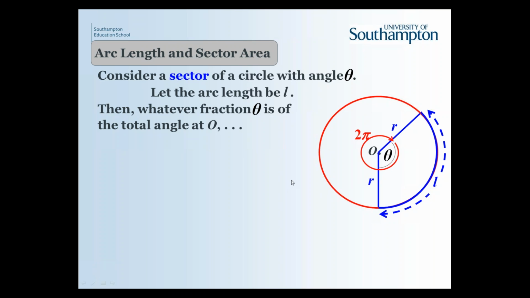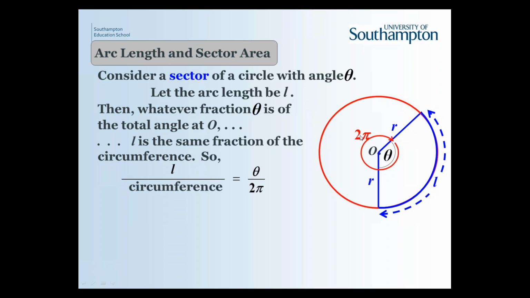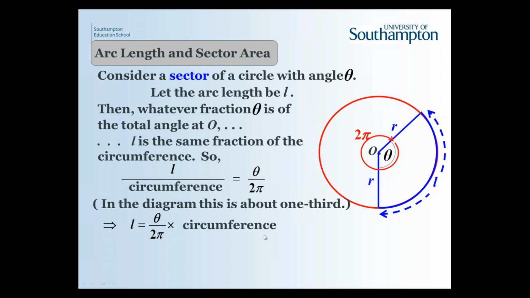So here, instead of doing our angle over 360, we're doing it all in radians. And as we said, because that's the same equivalent, it always gives the arc length. Whatever fraction theta is of the total angle, the arc length is the same fraction of the whole circumference. So theta over 2 pi would be the same as the arc length over the circumference. So we just need to multiply up by the circumference, which is our 2 pi r.